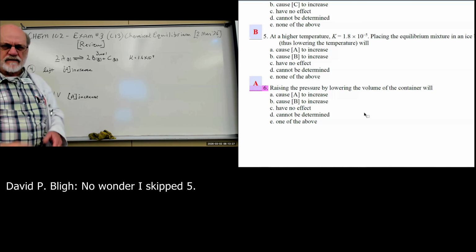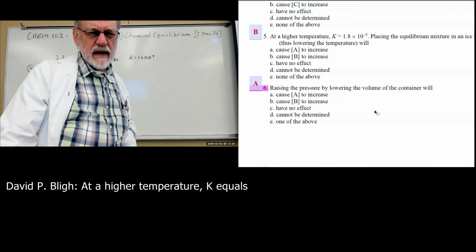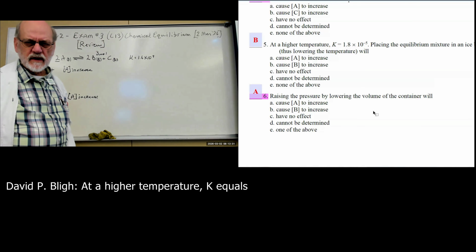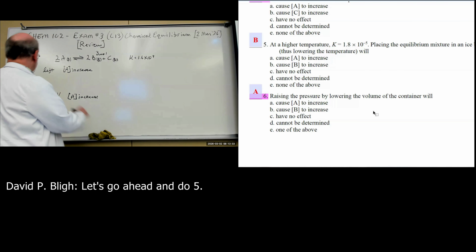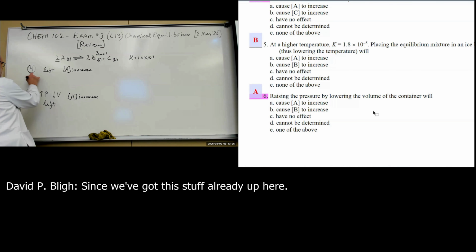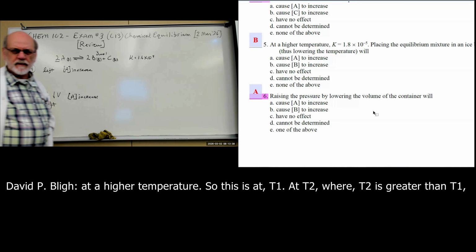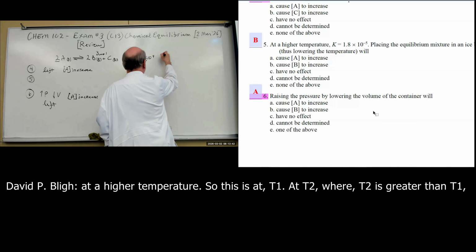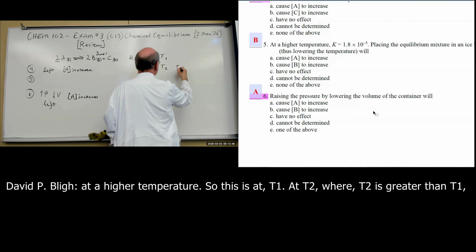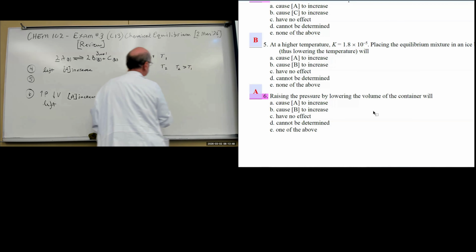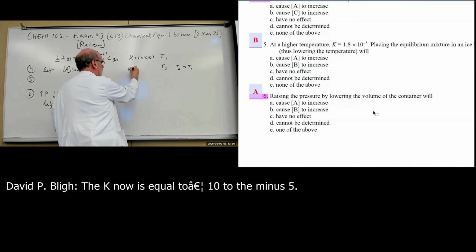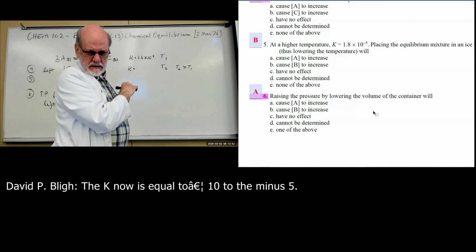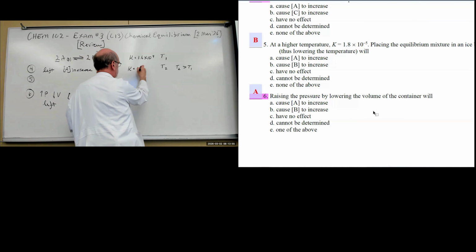Now, why did I skip 5? At a higher temperature, K equals, let's go ahead and do 5, since we got this stuff already up here. At a higher temperature, so this is at T1, at T2, where T2 is greater than T1, the K now is equal to 10 to the minus 5.